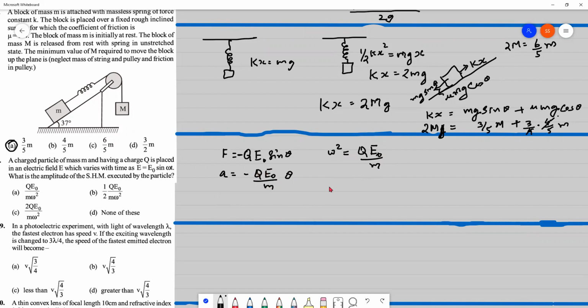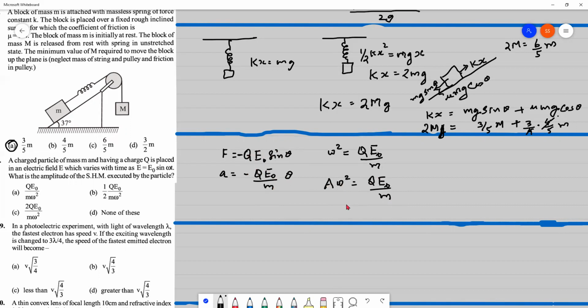We know that maximum acceleration is equal to A omega squared. So A omega squared is, and maximum acceleration is also going to be equal to Q E naught by m. This is going to be the maximum acceleration, because the maximum value of sin theta is 1.